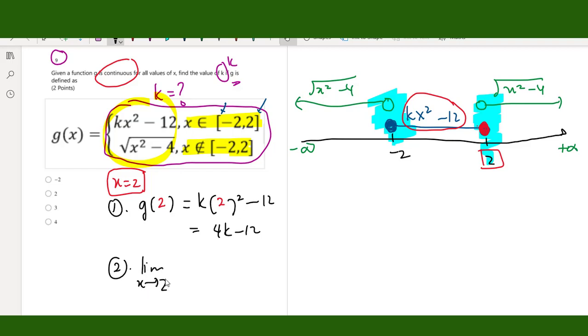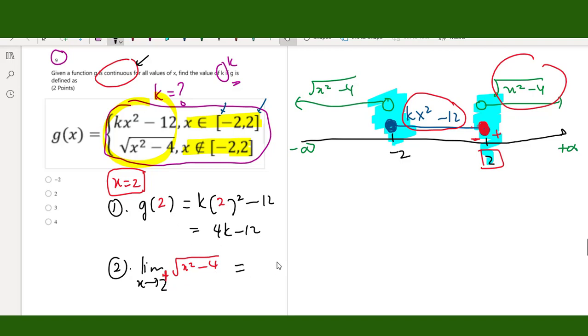Limit as x approaches 2. Since g is defined as continuous, you can take 2 from the left or from the right. We choose the opposite function, because if we take 2 from the left, we take the same function as g of 2. We don't want the same function, so we choose x squared minus 4 when x approaches 2 from the right.